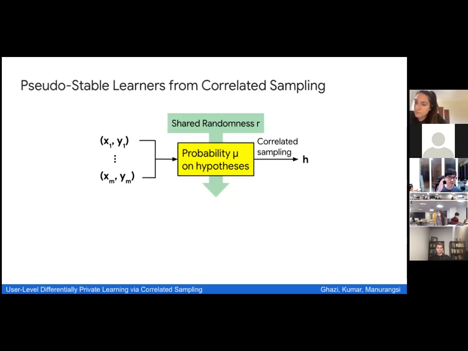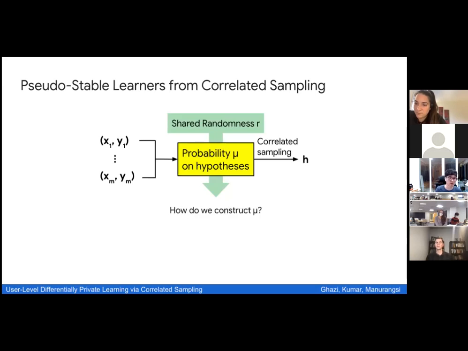I'm not gonna go into the details of the parameters here, but that's basically the idea. So you want your probability mu to be roughly the same for most of x1, y1 to xm, ym drawn from D. If you can do this, you are done.